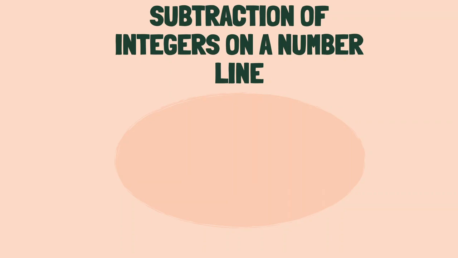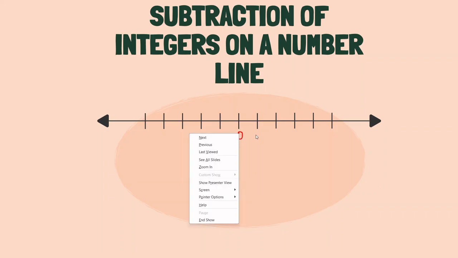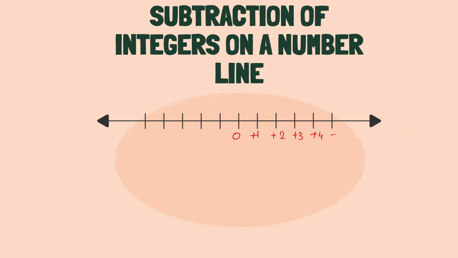Here we also will take a number line and put the numbers on the number line, like 0, plus 1, plus 2, plus 3, plus 4, plus 5, and here I will take minus 1, minus 2, minus 3, minus 4 and minus 5.